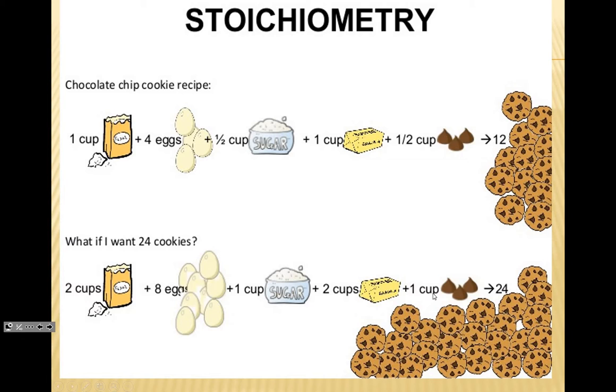get 24 cookies, right? So what we're doing in stoichiometry, it is a lot of eggs and a lot of butter. What we're doing in stoichiometry is just the same stuff that you've been doing at home with this, except our recipe is a balanced equation. Okay?